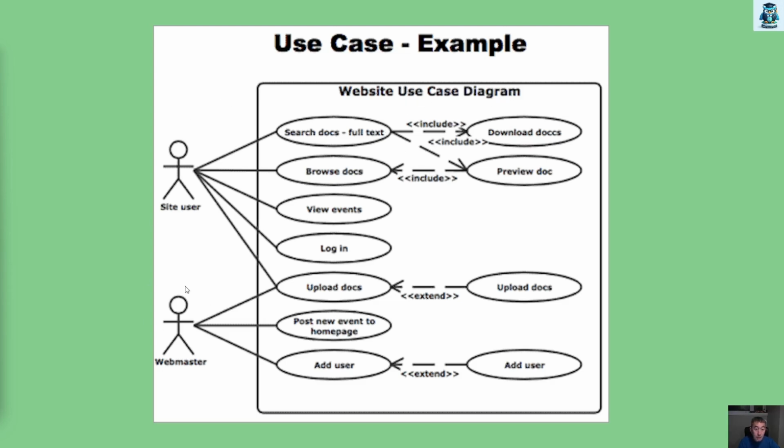I will show you how to make two actors and a number of use cases, and then we use these two types of lines to connect them. From this diagram, you may feel the difference from the sequence diagram.